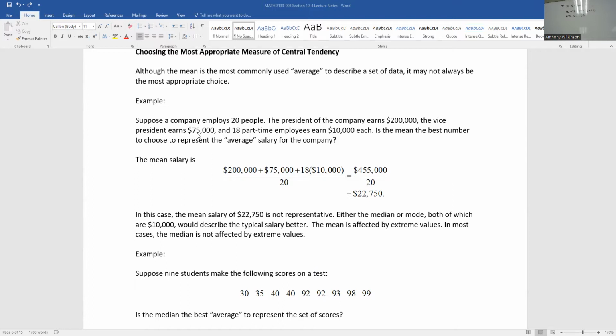So in this case, the middle number would be probably $10,000. That would be a better number to use to represent the average salary of that company. Also, the mode could be used as well because 18 part-time employees earn $10,000 each. That's the mode right there, the most frequent salary, but not the average.